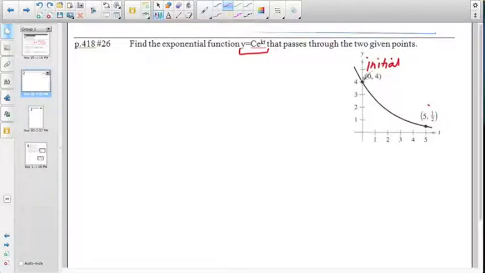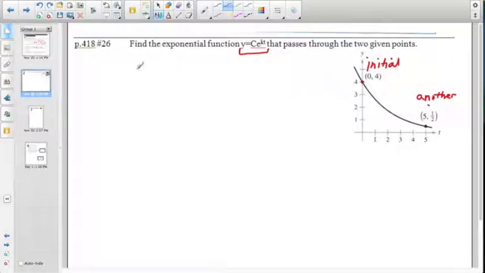The only reason we call this the initial is because that corresponds to a time of t equals 0. And then this is just another solution that lies along that particular function. And so we need 2 points, because we want to come up with that particular solution, and we have 2 unknowns. So that's the whole reason for needing the second point.